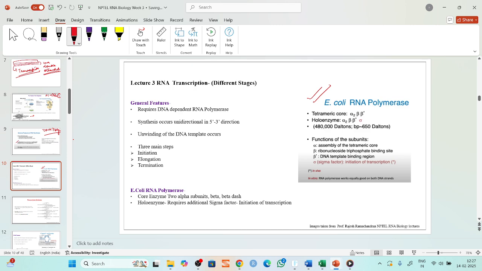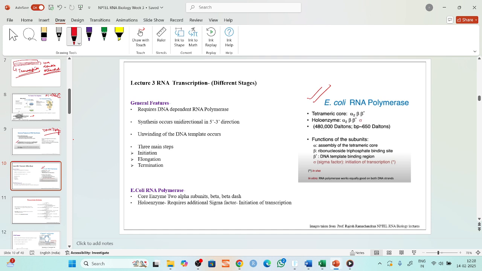So prokaryotic and eukaryotic RNA polymerases are different. Prokaryotic RNA polymerase is somewhat simpler in its structure, whereas eukaryotic RNA polymerase is complex in structure. Okay, so this is one thing. But here, I am talking about the prokaryotic. Here, we are discussing the prokaryotic RNA polymerases.